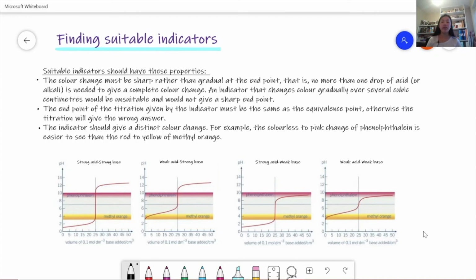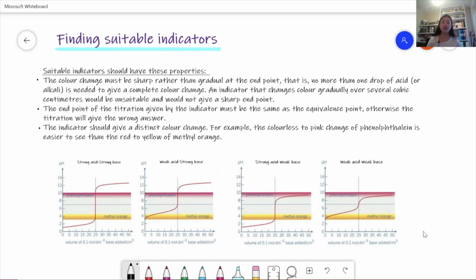However, phenolphthalein would probably be more suitable because you can see the colour change more. For the second curve, the weak acid and the strong base, you can see that only phenolphthalein is suitable because methyl orange changes colour before that equivalence point. So that won't give us an accurate indication as to when it has been neutralised.